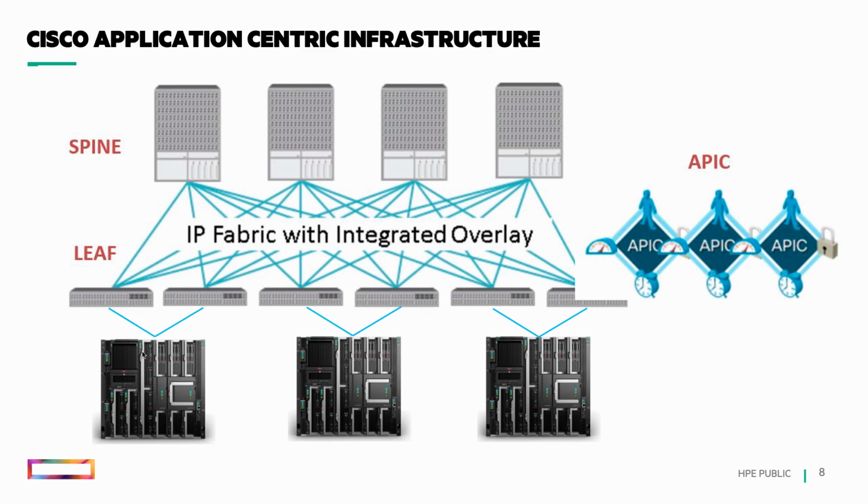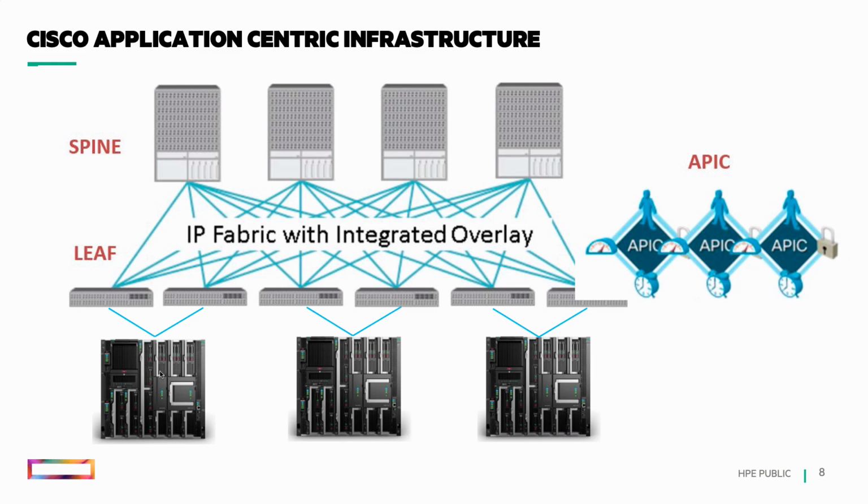All the servers, or the Cisco or other switches, or the Synergy Virtual Connect module will only be able to connect up to leaf switches. And leaf switches have topology links, fabric links, directly going to the spine switches.